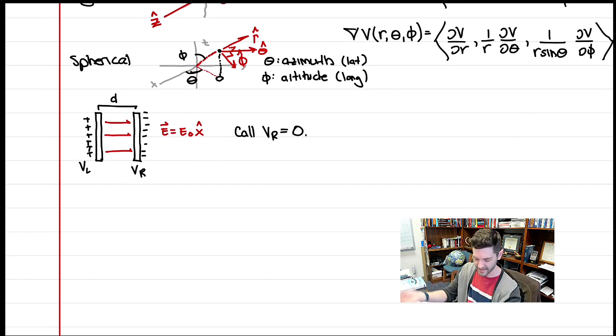Essentially, I'm defining that to be my reference. I'm saying whatever the potential is, if I want to give a unique value, I'm going to say it's 0 at the right plate. Then I'm going to ask what it is on the left plate in terms of the electric field. Presumably the distance separating these things matters. What is the connection between the potential difference between two plates, the electric field, and the separation?